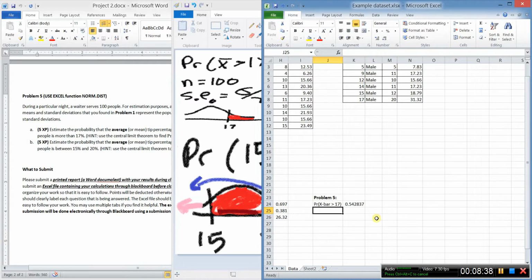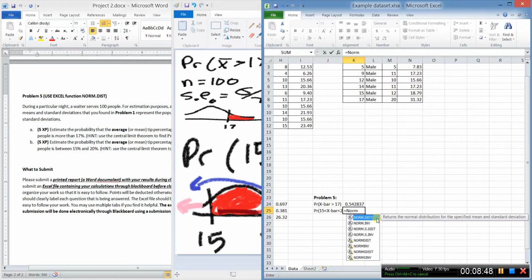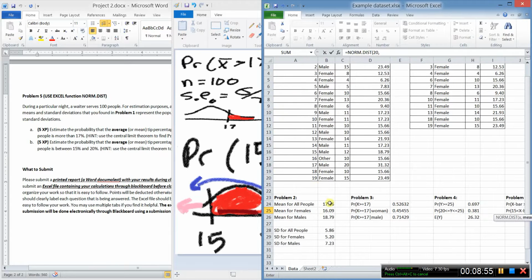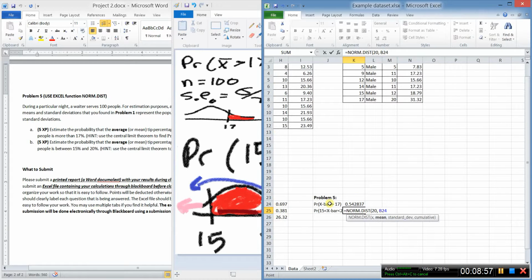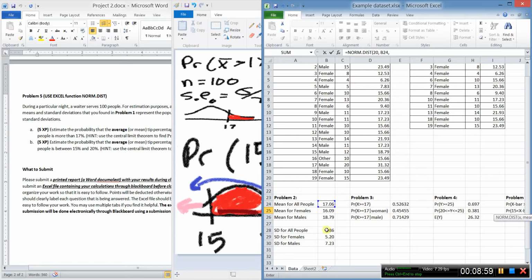Alright, so if I go over here, the probability that x bar is between 15 and 20, I'm going to use that NORM.DIST. And then I'm going to start with the 20. The mean, I'm going to go over here and grab it. And then the standard deviation, I'm going to go over here and just click on the cell.